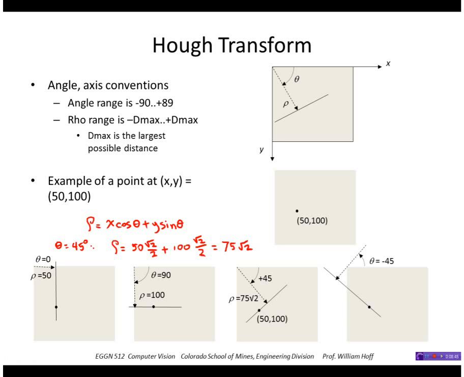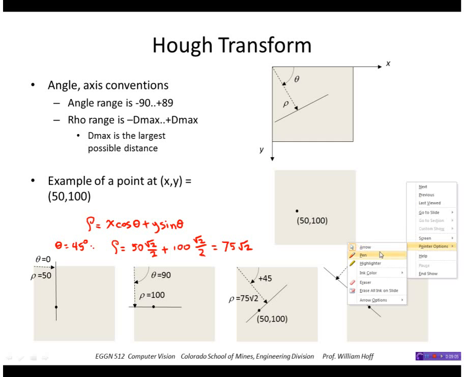And one more example, let's look at the case of a minus 45. In that case, we actually have a negative rho, because instead of going up this way, the line is back behind us here like that. So let's calculate rho for that.